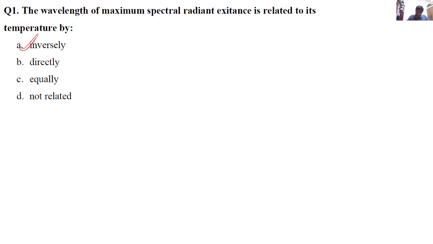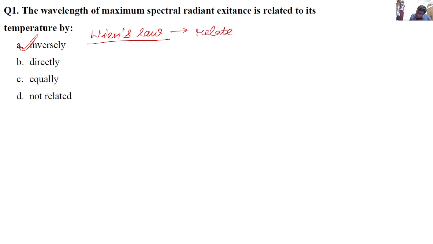I'll just give a brief theory about this question so that we can build up to the later questions. So it's basically about Wien's law. The three fundamental laws in remote sensing which I've learned so far related to this content are: number one, the Stefan-Boltzmann law; secondly, Wien's law; and the third one is Planck's law. And Planck's law is basically the origin of the other two laws, of course.